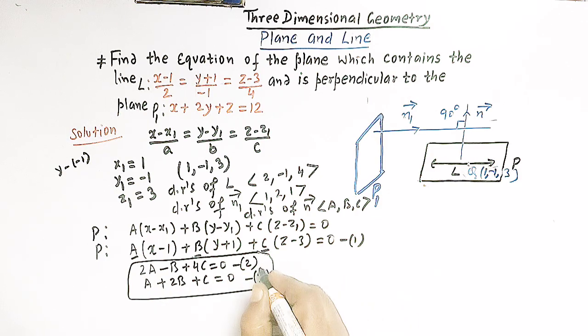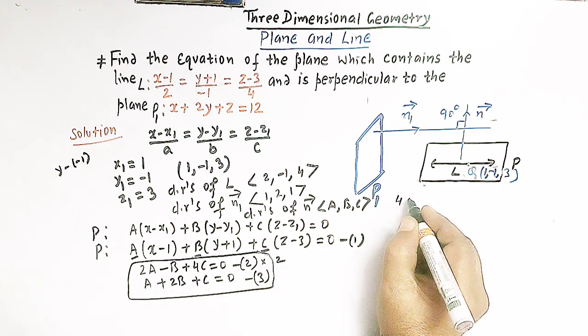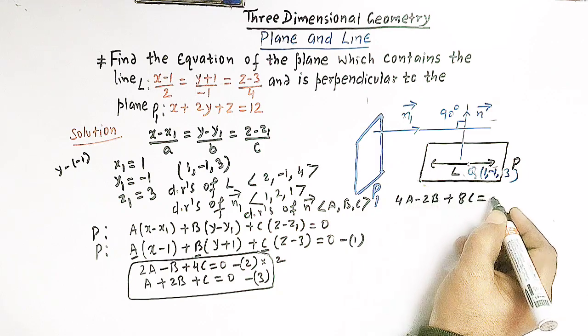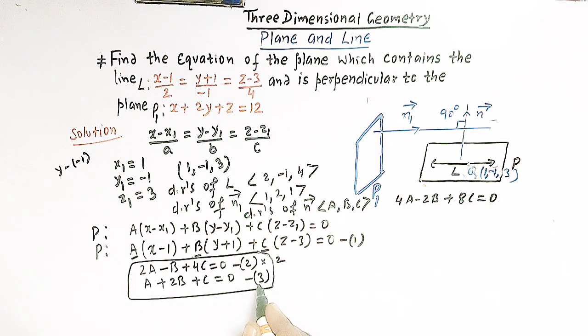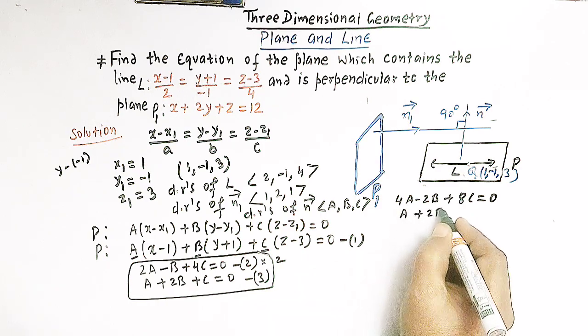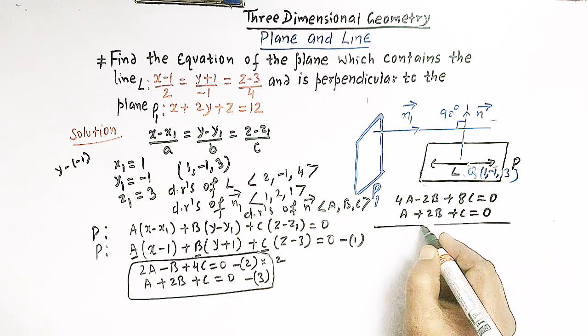So let us multiply equation 2 by 2, because here we have minus B and here we have 2B. So multiplying equation 2 by 2, we have the equation 4A minus 2B plus 8C is equal to 0, and equation number 3 may be written here, A plus 2B plus C is equal to 0, and let us add these two equations.